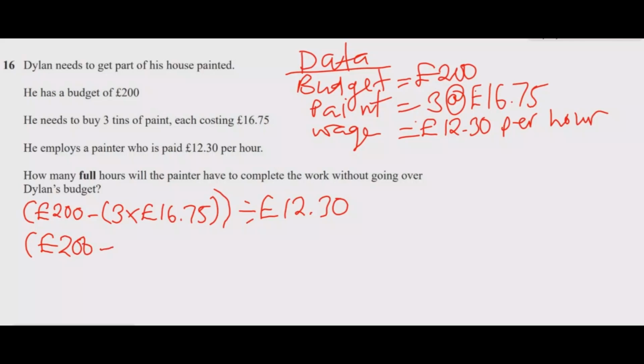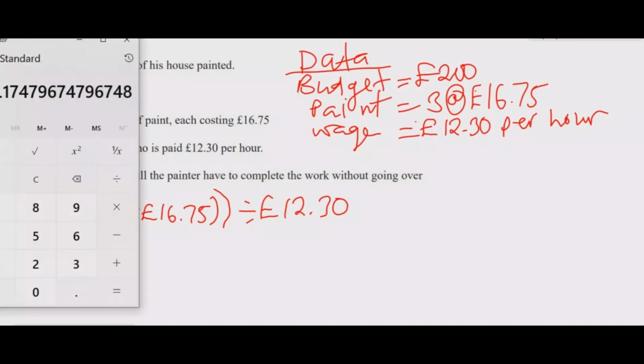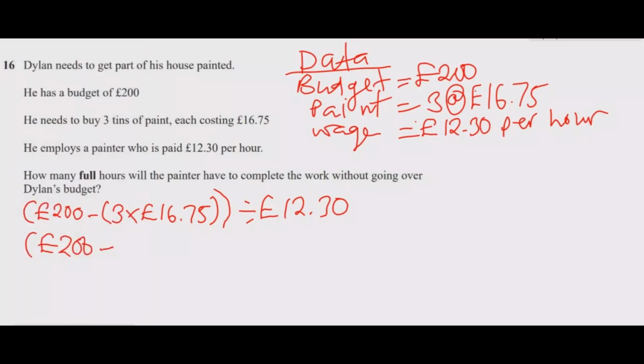We go onto the calculator: 3 times 16.75 will give us 50.25. So £50.25 is the total cost of 3 tins of paint, and then this is divided by £12.30.